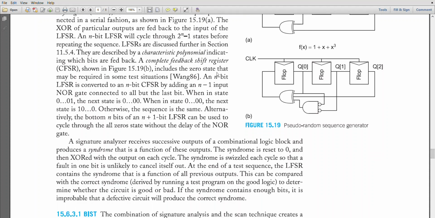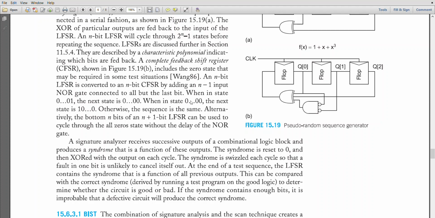An n-bit LFSR is converted to an n-bit CFSR. CFSR is a complete feedback shift register, made by adding an n-1 input NOR gate connected to all but the last bit. When in state 0 0 1, the next state is 0 0 0.